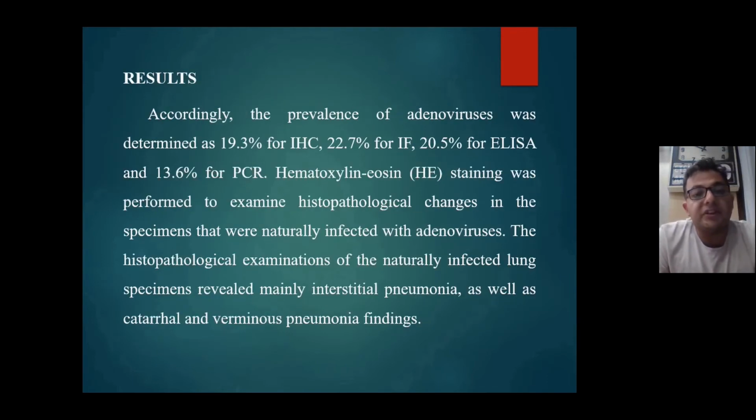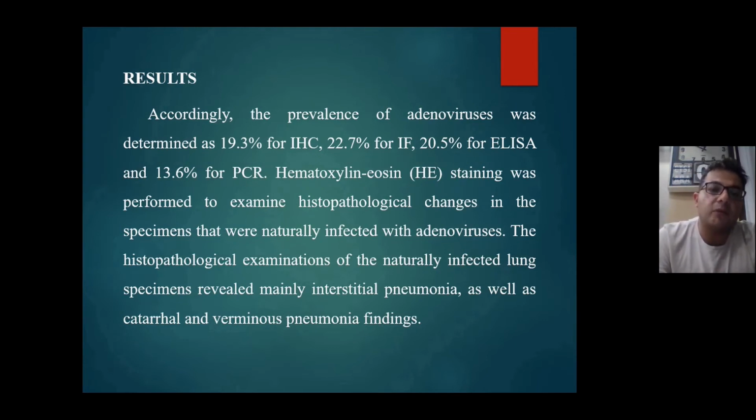Results: accordingly, the prevalence of adenovirus was determined as 19.3 percent for immunohistochemical, 22.7 for immunofluorescence, 20.5 for ELISA, and 30.6 for PCR.